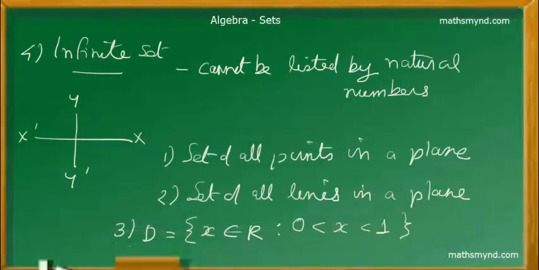And when we deal with finite sets, naturally the next thing we ought to look into is the infinite set. An infinite set simply means that you cannot list it by natural numbers. Now, the property of infinity in mathematics actually doesn't indicate a particular number.